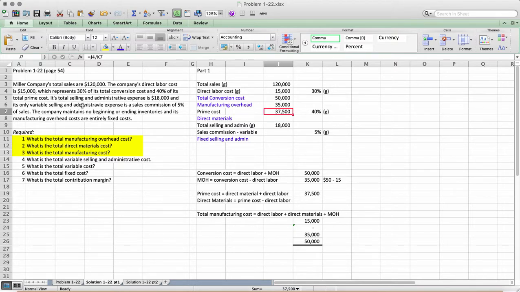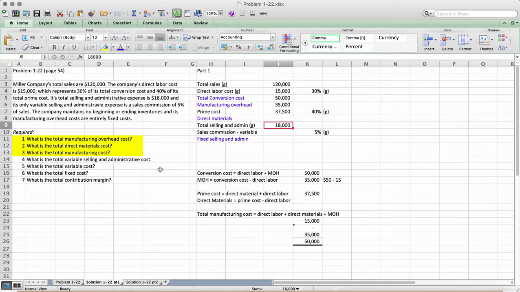Its total selling and administrative is 18,000. That's given, so I put that right there for you. And only the variable selling and administrative is sales commission. So sales commission is the total variable selling and administration. The rest is going to be fixed.